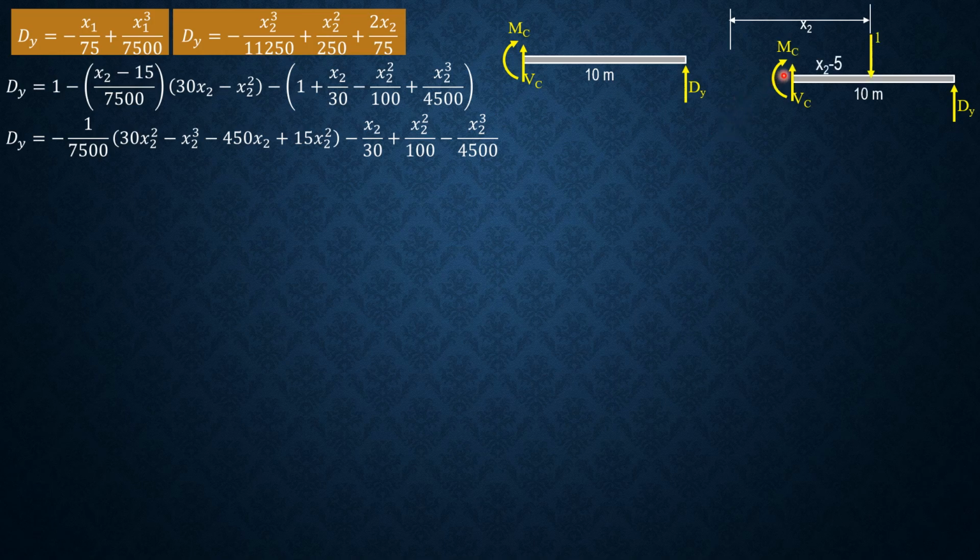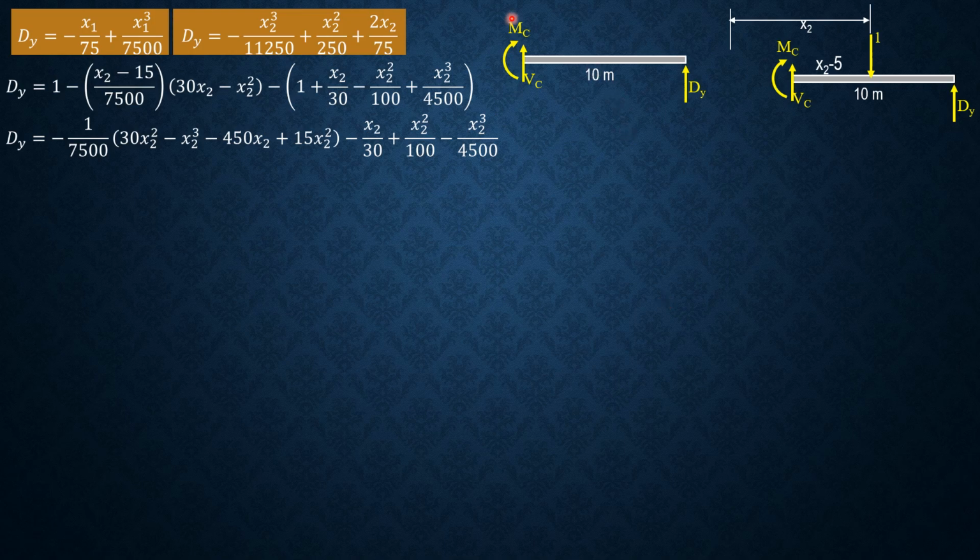When x2 is greater than or equal to 5, then this is now the free body diagram. And this distance is x sub 2 minus 5. The length of CD is 10, and these are the forces involved in the free body diagram.